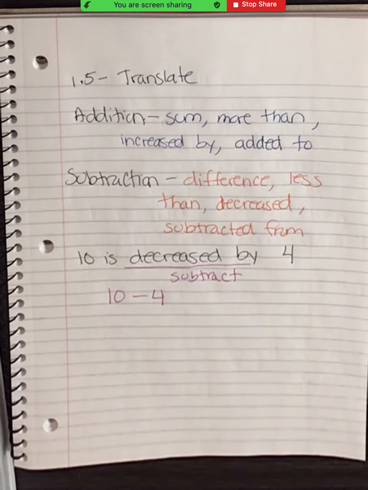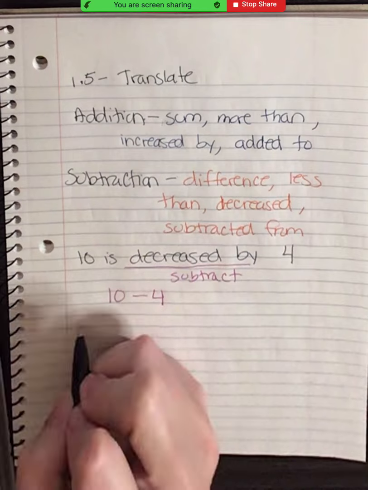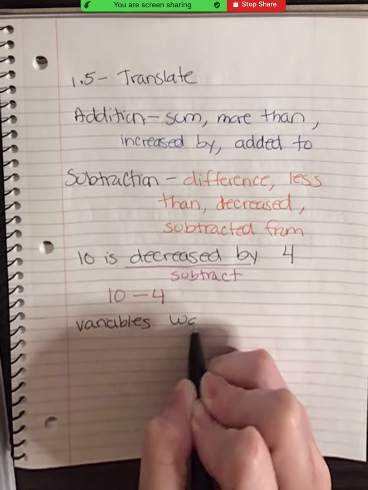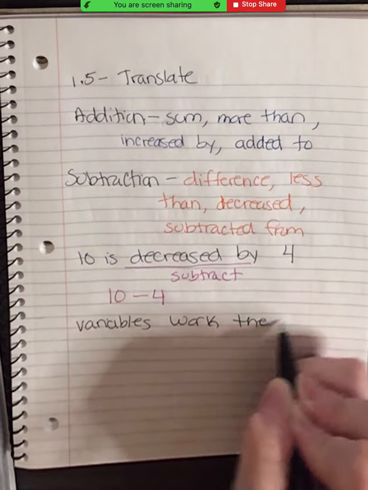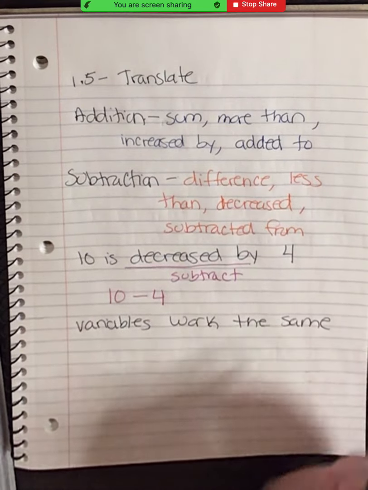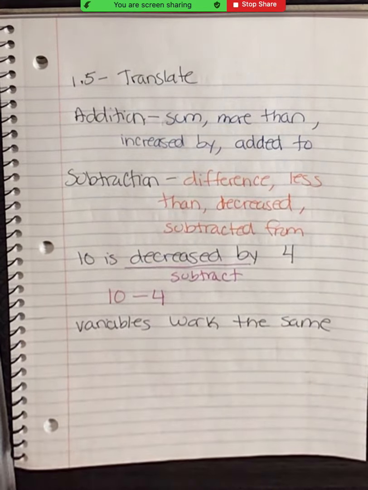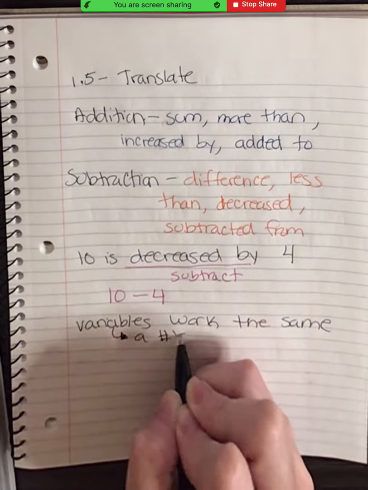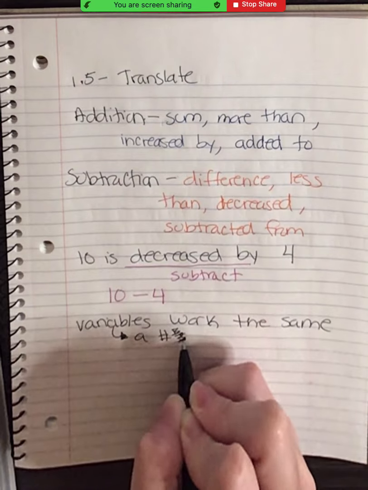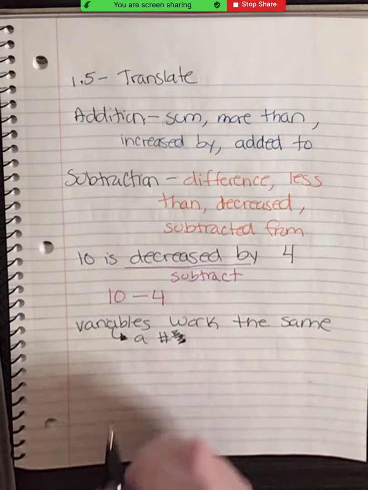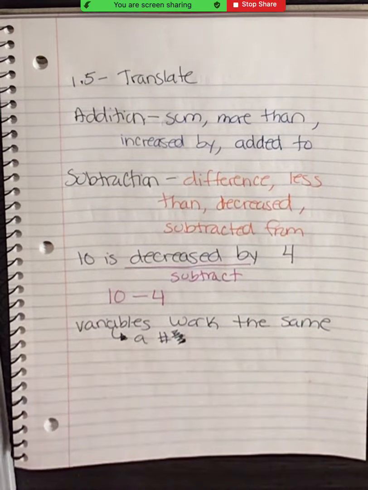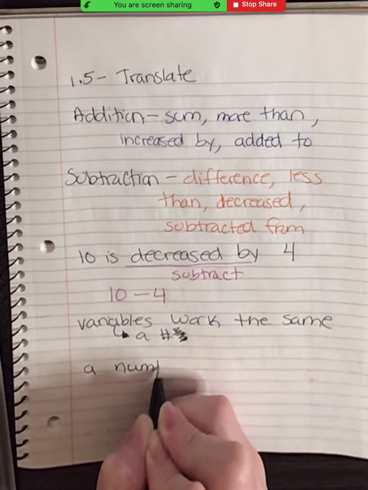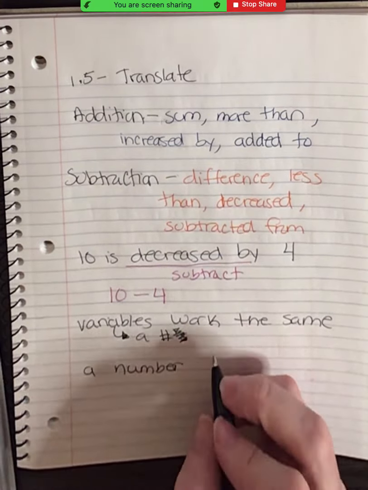The same thing happens when you have a variable, except it'll just say something like a number. We don't necessarily know what number, so we're going to replace that number with a variable or a letter. So we have a number increased by 3.